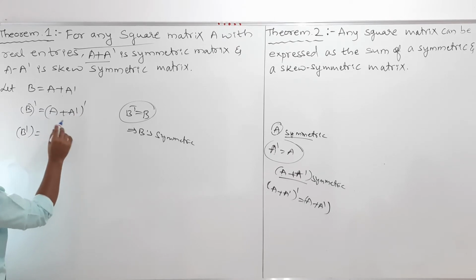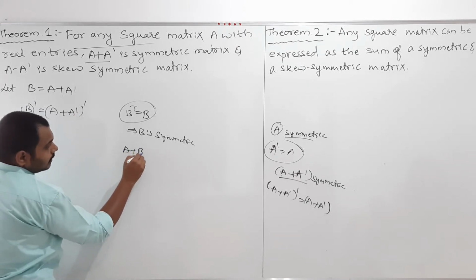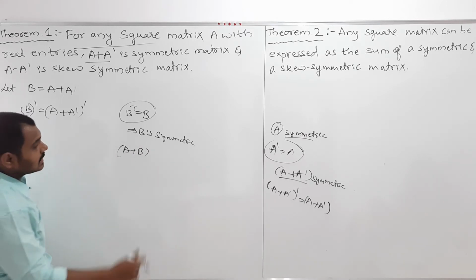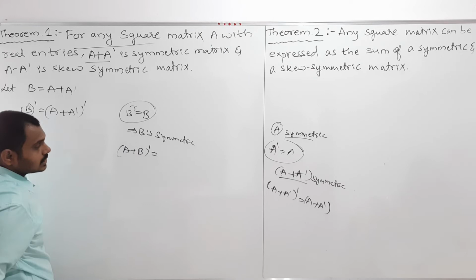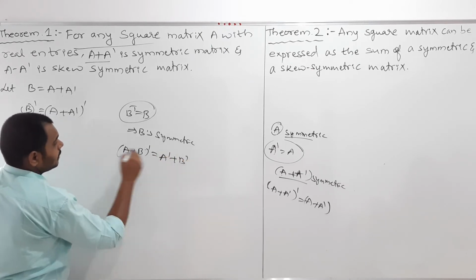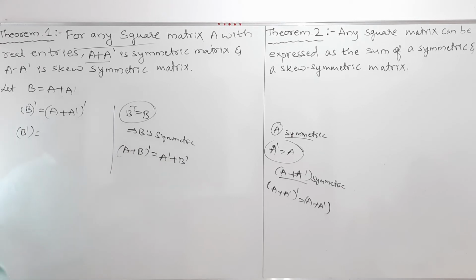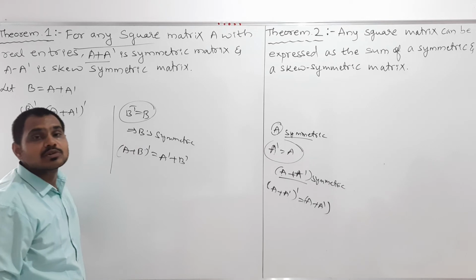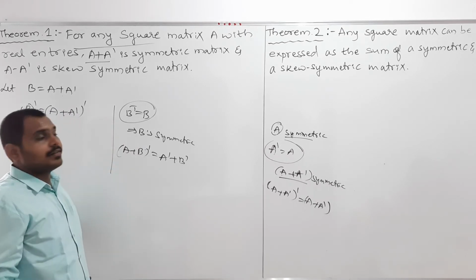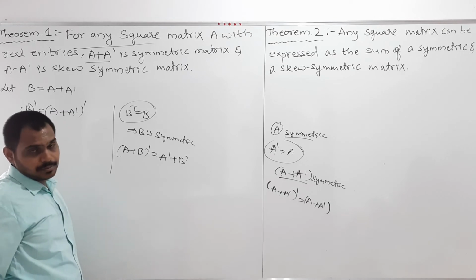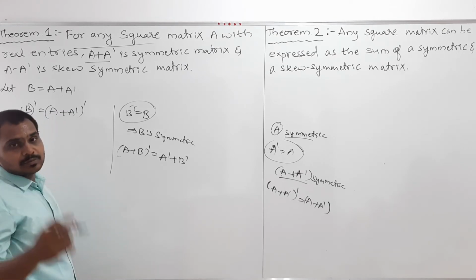We know that in the previous classes, after the definition of the transpose, I discussed that A plus B whole transpose can be written as A transpose plus B transpose. This concept we discussed in the previous videos, under the definition of the transpose of a matrix. Please refer to that video if you have any doubts, under the heading transpose of a matrix.